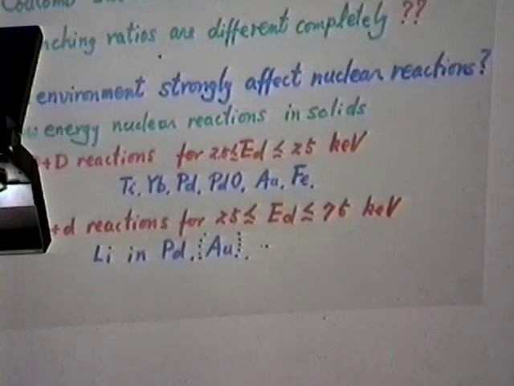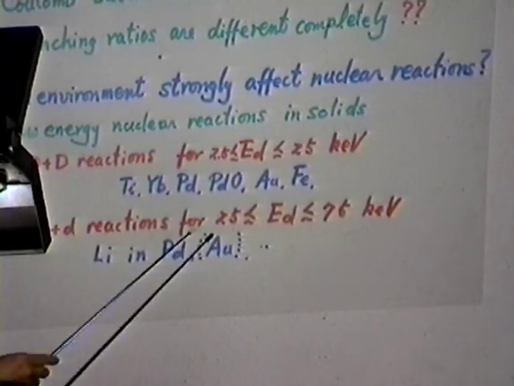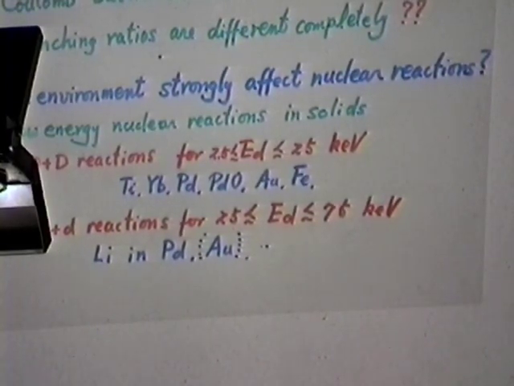After that, we continued to study what kind of mechanism is involved and whether there are any other materials which can enhance this reaction rate. And also, very recently, we started to study lithium plus D reactions, again in palladium. And we are now planning this kind of reaction for other materials.